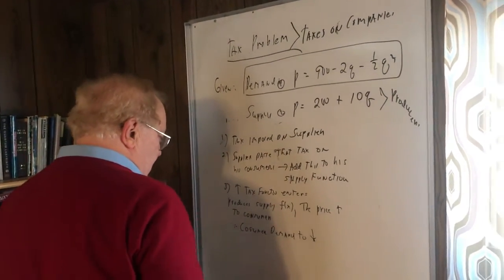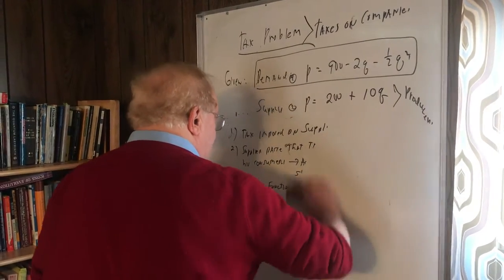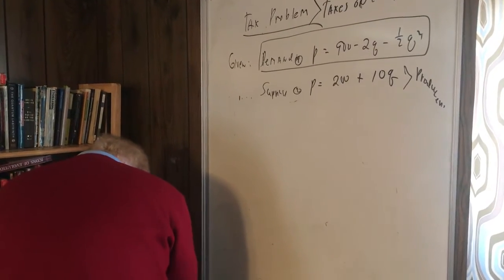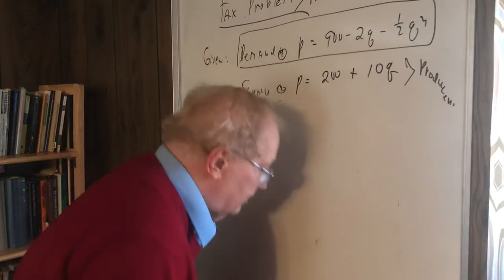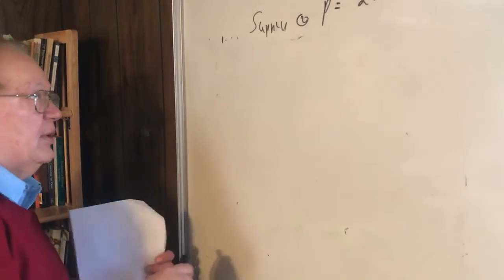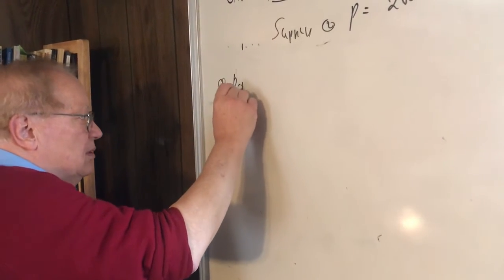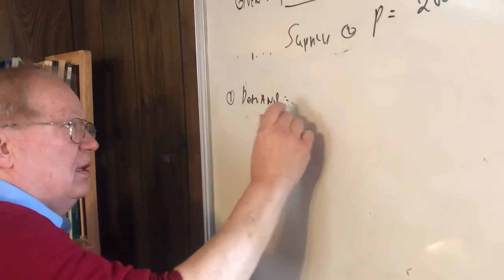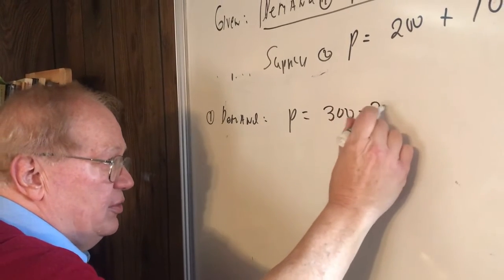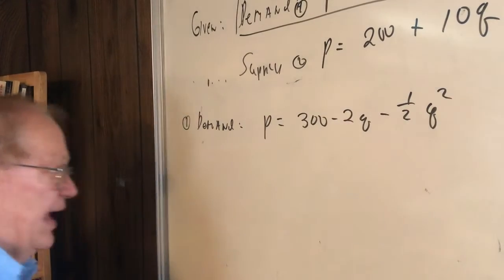If you don't have it written down, you can always rerun it. So basically, we're going to add a tax function onto the supply curve. We're going to rewrite the demand curve as P equals 300 minus 2Q minus 1/2 Q squared. That doesn't change.